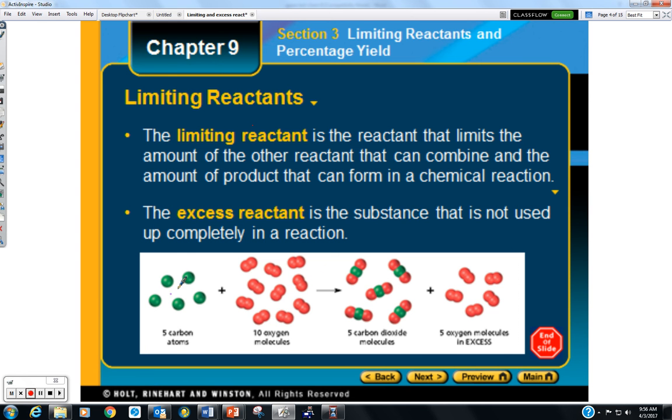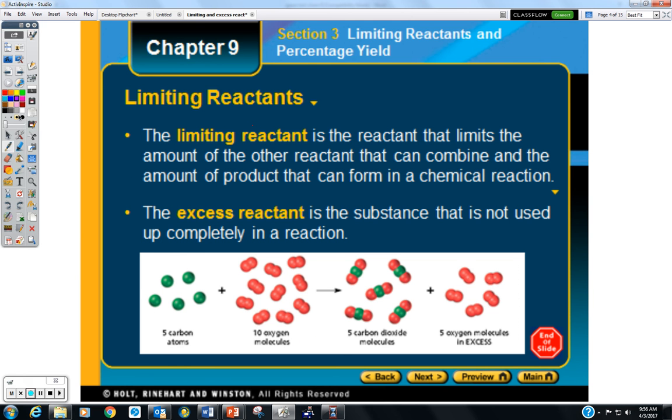So don't worry about the diagram down here. I'll talk about this, but I don't want you to draw it. What we do need to know is the definitions of limiting and excess.